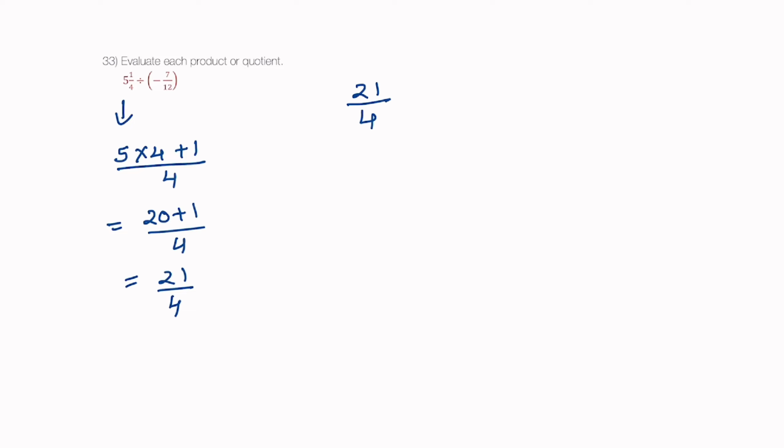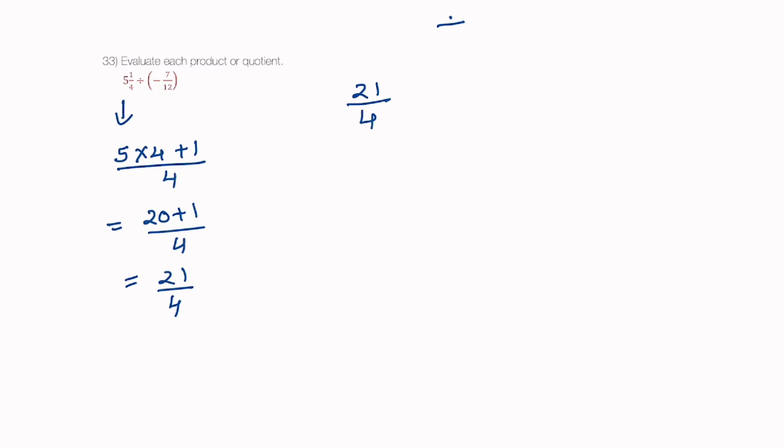Now it's division. Let's first convert this. How do we write this? 5 times 4 plus 1 over 4, which is equal to 20 plus 1 over 4, and that's 21 over 4. So the first fraction is 21 over 4. And when it's division, what's the rule?